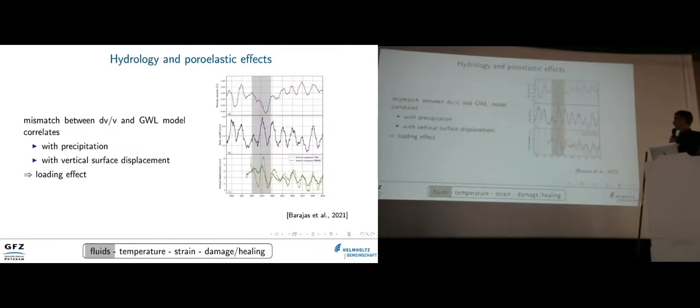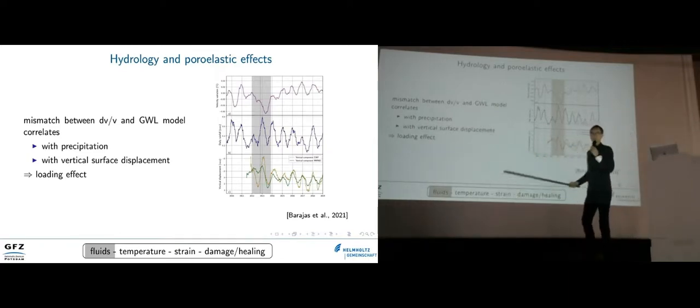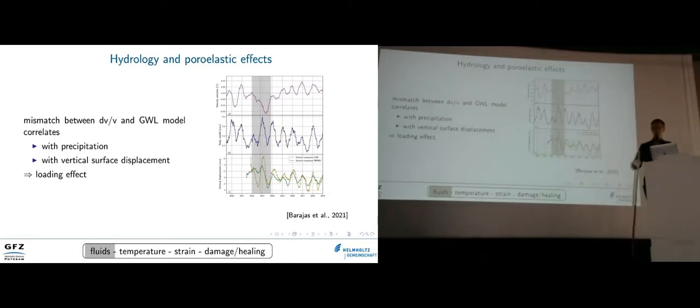So there's another type of deformation that is induced due to the loading, which is basically the vertical displacement of the surface when the water falls on the surface before it actually gets into the groundwater level. And this is correlated with the vertical displacement sensed by GPS, which is hard to see. You have to interrupt me if I'm wrong here, but this is my understanding of this.